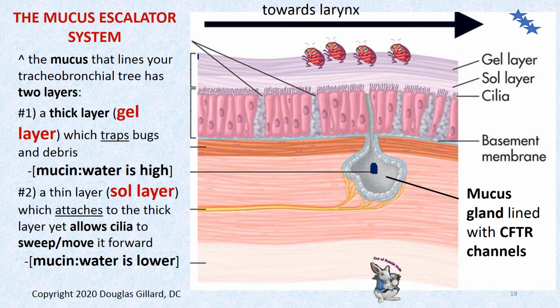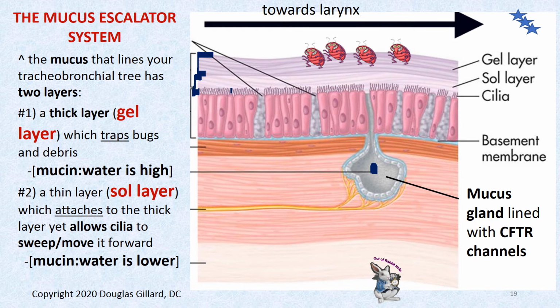But remember how this mucus escalator works? Remember, there are 2 layers of mucus. There's a really sticky layer of mucus up here, which has a higher mucin to water ratio, meaning there's way more mucin than water. It's super sticky. It traps bugs. Here we could say it's SARS-CoV-2. How about? Yeah, let's trap that one. And it's stuck. The mucus underneath is called the gel layer. The mucus layer underneath is called the sol layer. That's this layer right here. And that is thinner, so the mucin to water ratio is lower in this layer.